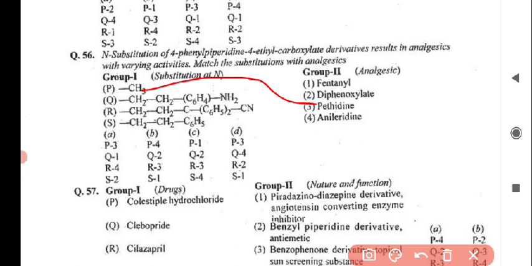For this it is the first option, fentanyl, and for option R, that is CH2, CH2, C (C6H5)2, CN. So for this the correct answer is option number 4, that is anileridine, and for the last option, that is CH2, CH2, C6H5, the correct answer is option number 2, diphenoxylate. So for this, option A is correct.